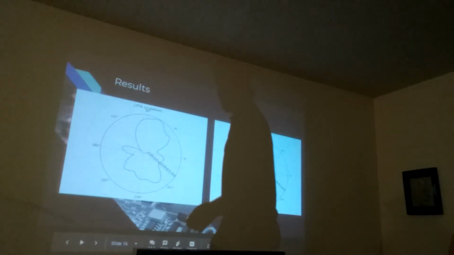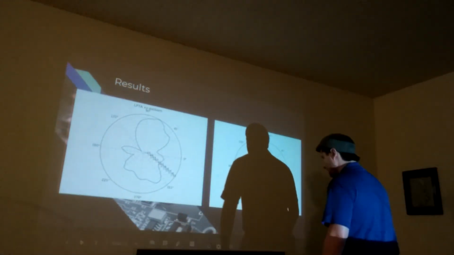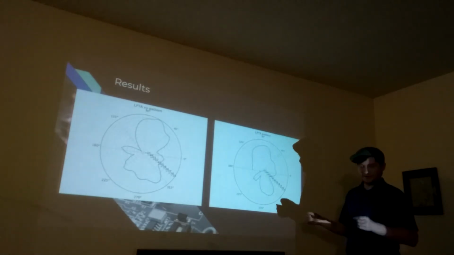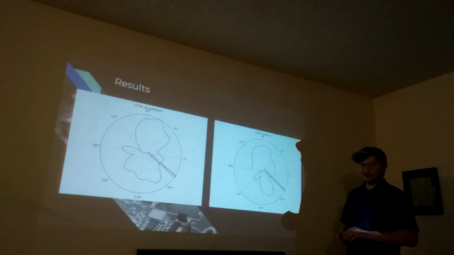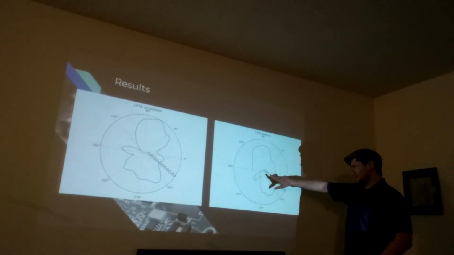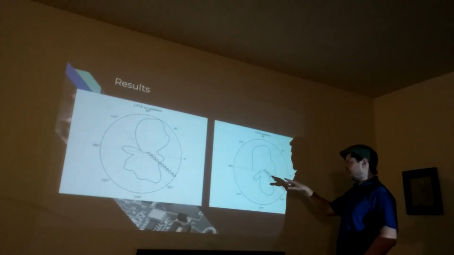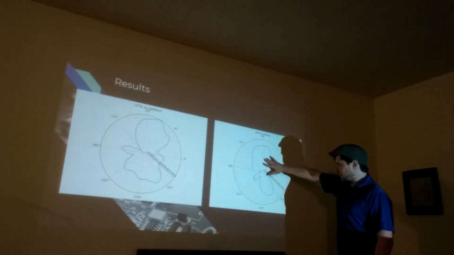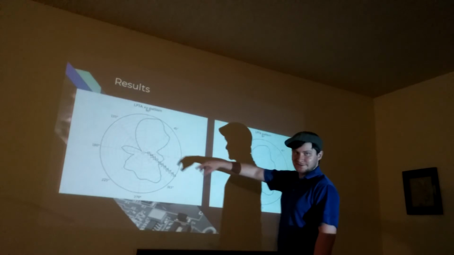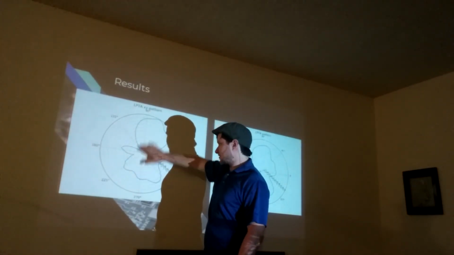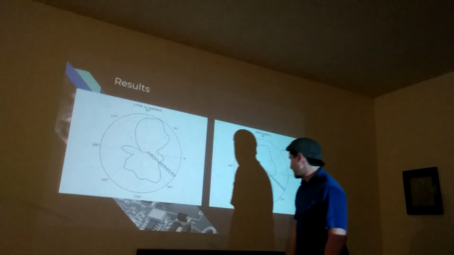Alright, so looking at the radiation pattern, or the gain pattern, from the anechoic chamber, I noticed that for two different orientations, these were both at 2.3 gigahertz, I had two main lobes, which shows that this type of antenna is highly directed in two directions.